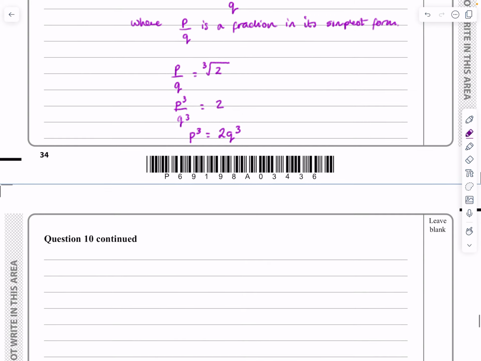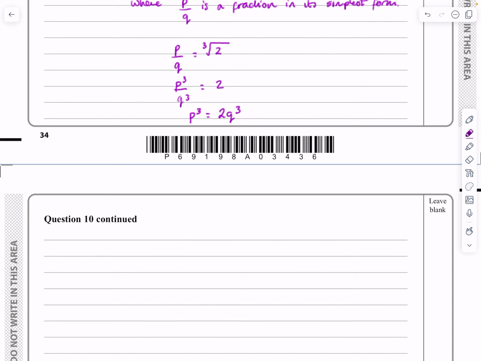Not easy to say. So if that's true, then p cubed is even, because it's 2 lots of something. And if p cubed is even, then p has to be even as well. So I've shown that p is even.